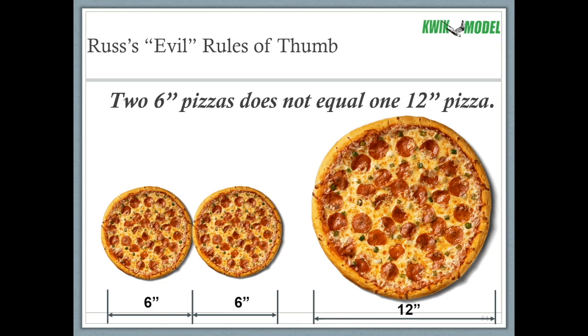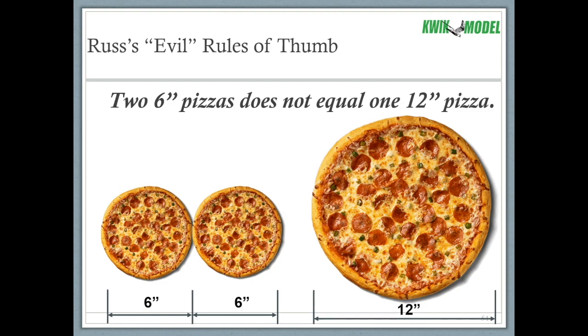I go, look, two 6-inch pizzas is not even close to a 12-inch pizza. Two 6-inch ducts is not even close to a 12-inch duct. So the cross-sectional area of the ducts is very different. The area of the duct is not proportional to its diameter, and the airflow is not even proportional to its cross-sectional area.